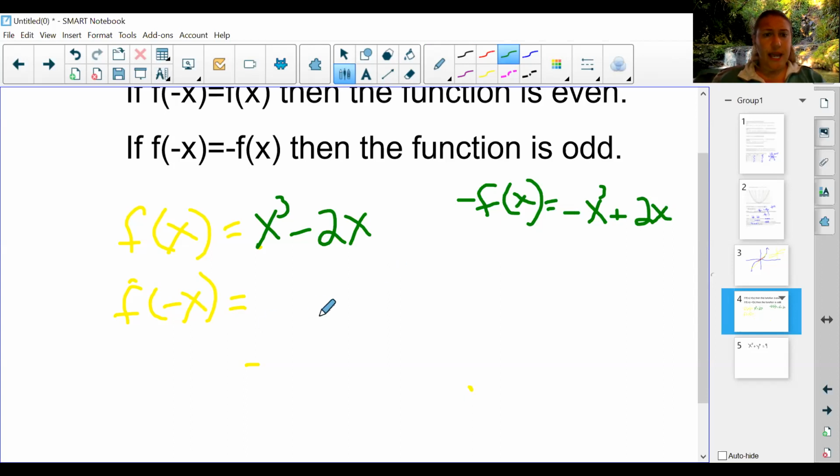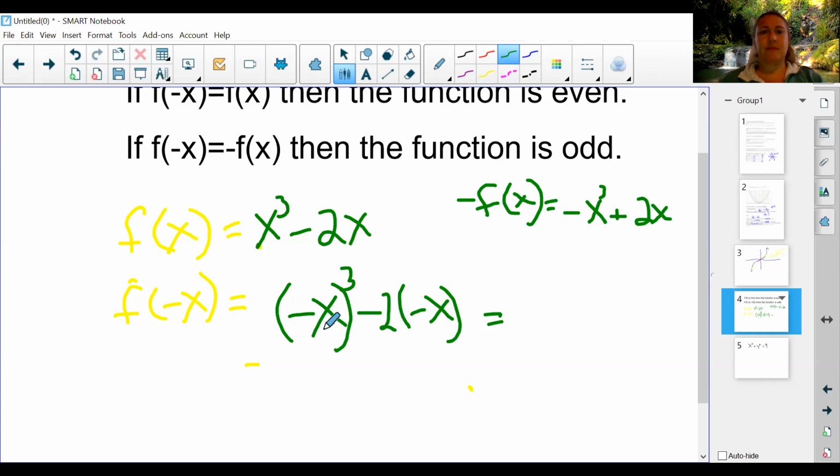Now plug in f of negative x. Well, if I raise a negative to an odd power, I get a negative. Negative x times negative x times negative x is negative x cubed. And then negative 2 times negative x is positive 2x.